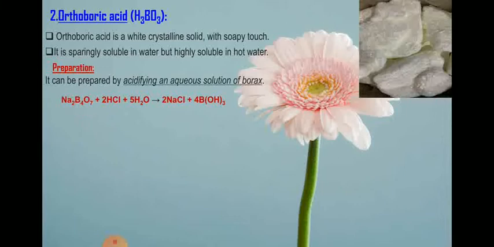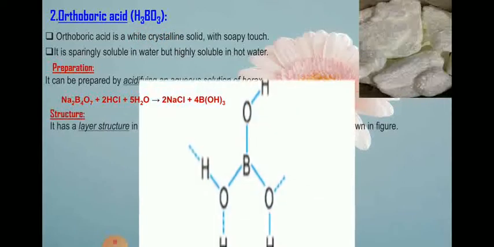This orthoboric acid is prepared from borax. Acidification of borax, Na2B4O7, forms sodium chloride and B(OH)3. B(OH)3 is nothing but H3BO3, Orthoboric Acid.